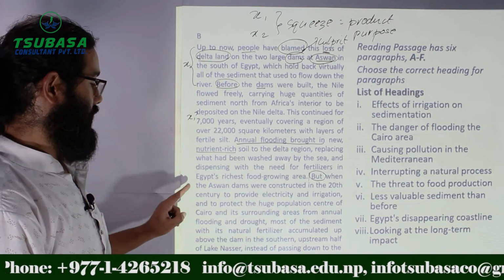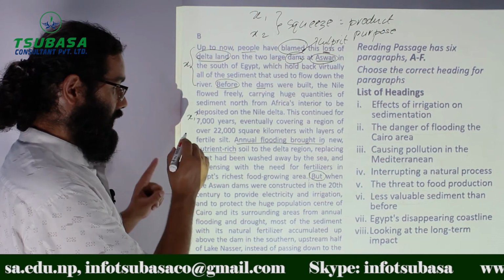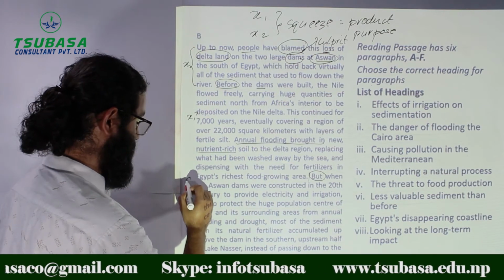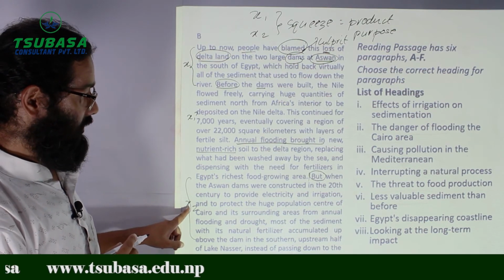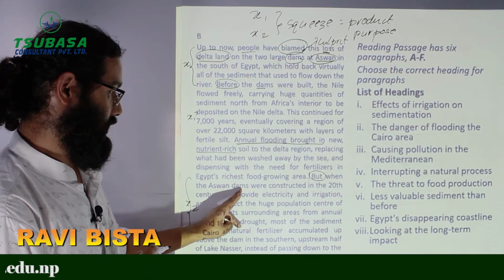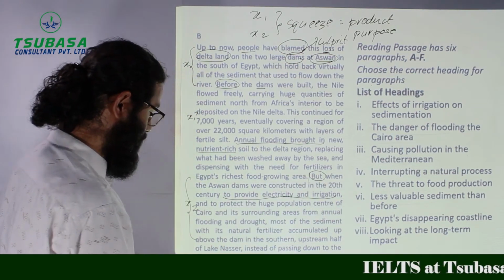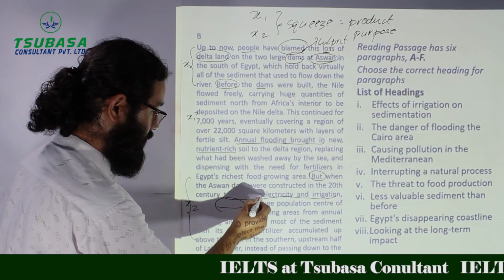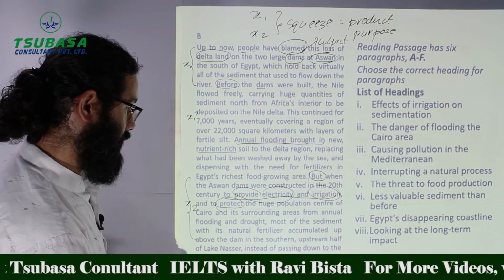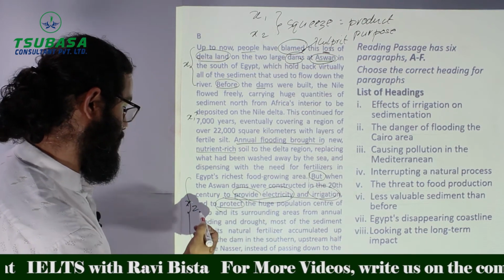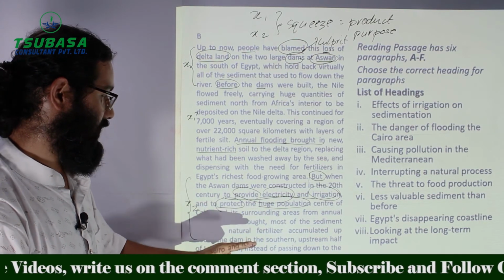So, but when the Aswan dams were constructed in the 20th century to provide electricity, so this is, let's say, X2. Here it says the purpose of building Aswan dams. So what's the purpose? It says to provide electricity and irrigation, and to protect the huge population, center of Cairo and its surrounding areas from annual flooding.